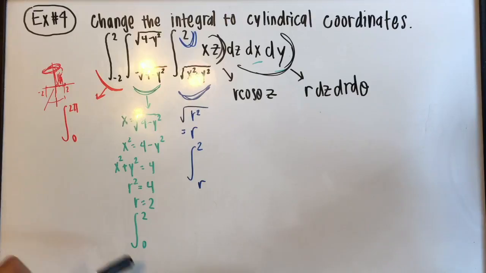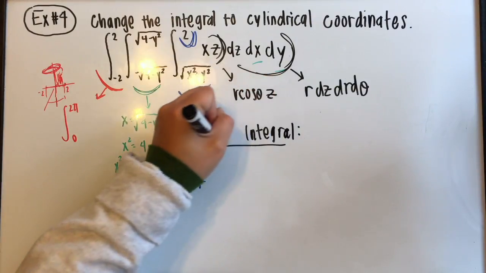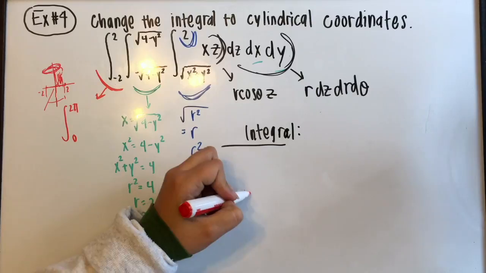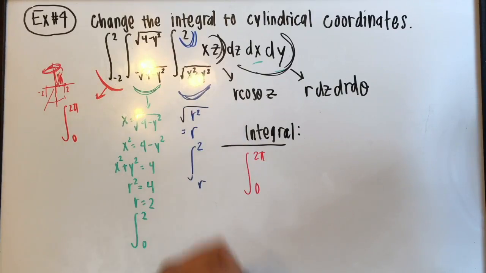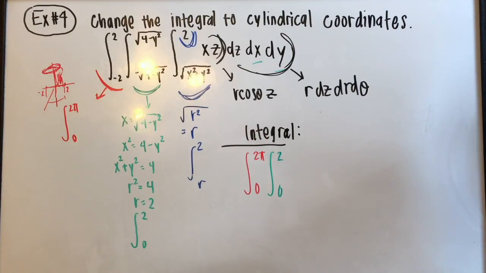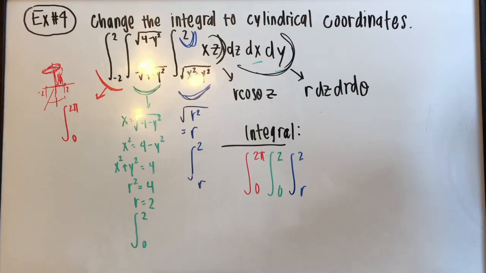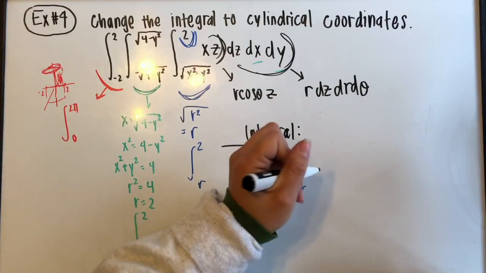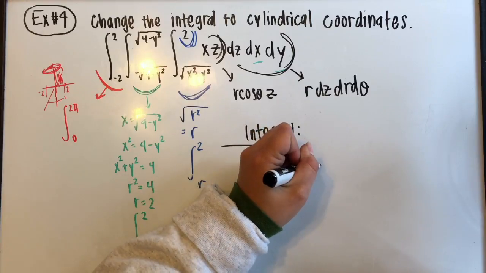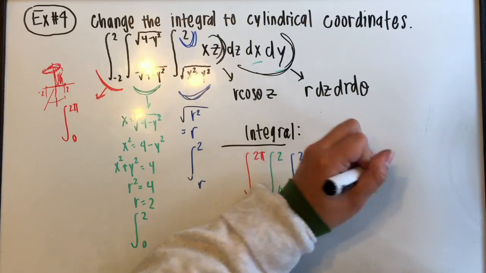All right, so now when we put all of these together, our integral is from 0 to 2 pi, from 0 to 2, r to 2, r squared cosine theta dz dr d theta.